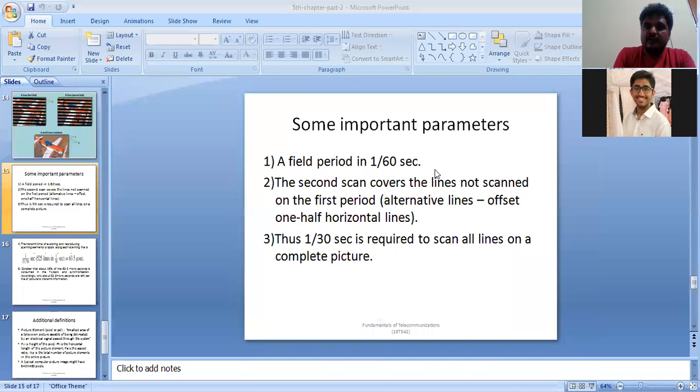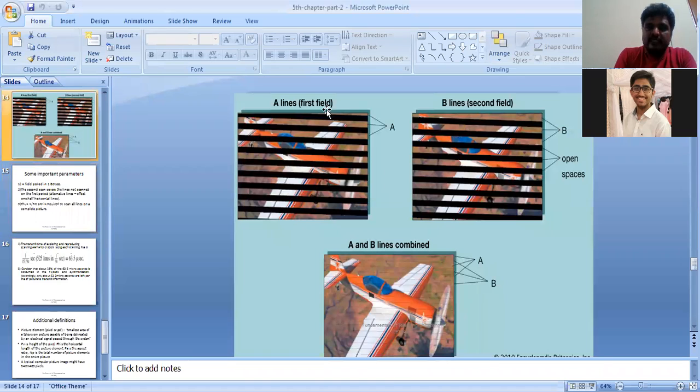In 1 second, 60 fields are scanned, that means the speed is 1 by 60. Then the second scan, another field. I want you to be very clear about it. This is called one field, one portion of the image, half the portion put together, and this is another field.